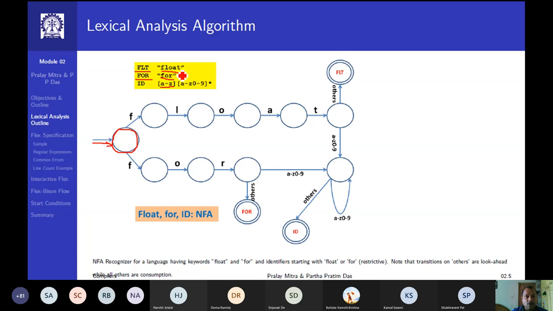That is basically caught at this stage, the lexical analysis stage, where you see whether this pattern is present or not, because this pattern belongs to some token class.